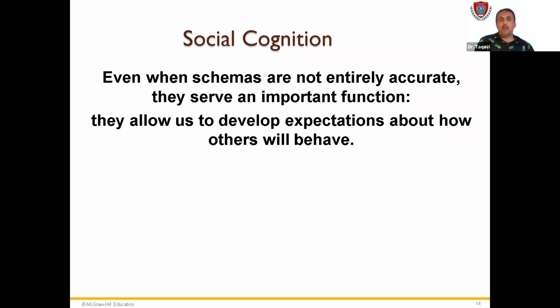You see, even when schemas are not entirely accurate, they serve an important function. They allow us to develop expectation about how others will behave. Habits, general knowledge, categorization, conceptualization, and other things like these concepts, like these tools that your brain uses for prediction of the world.